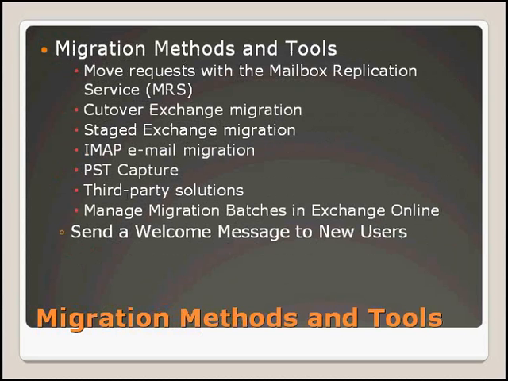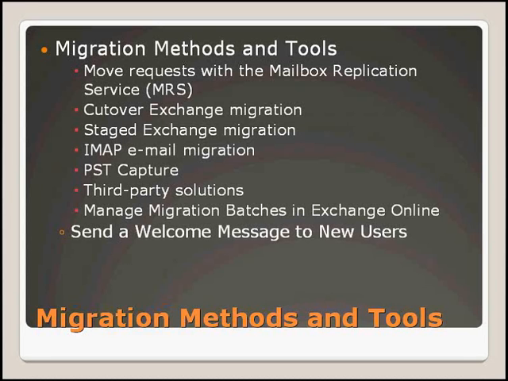Okay, migration methods. What are the possible options to migrate to Office 365? You can use a mailbox move request, or you can use a cutover migration, where all of a sudden you change every user from your on-premises to the cloud.